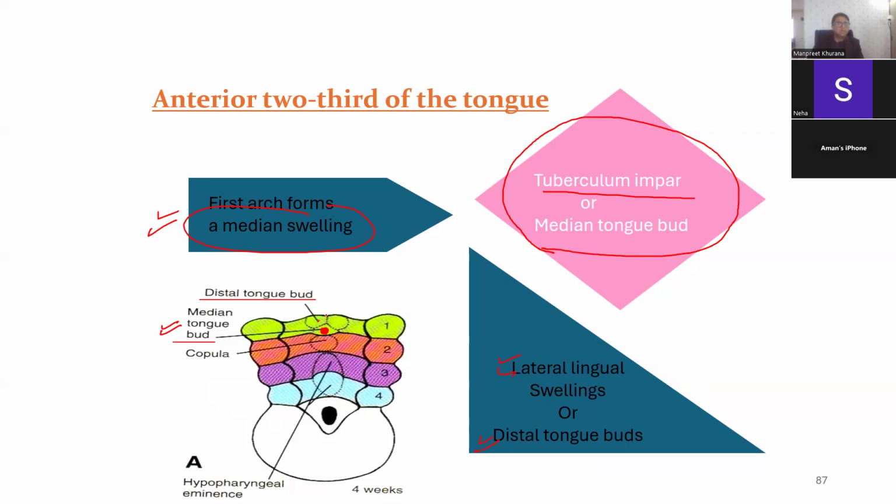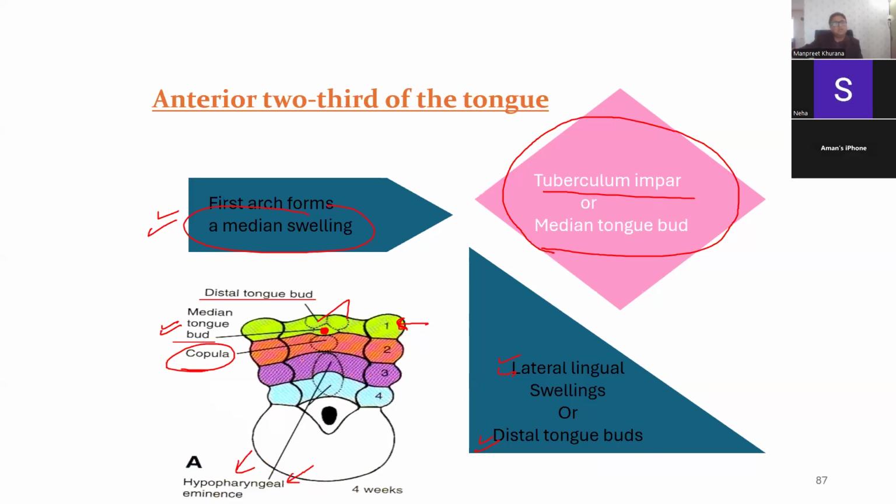So there are two lateral swellings and one medial swelling, derived from the first pharyngeal arch, this yellow one. From the second pharyngeal arch, there is formation of copula. From the third and fourth pharyngeal arches, there is formation of hypobranchial eminence.